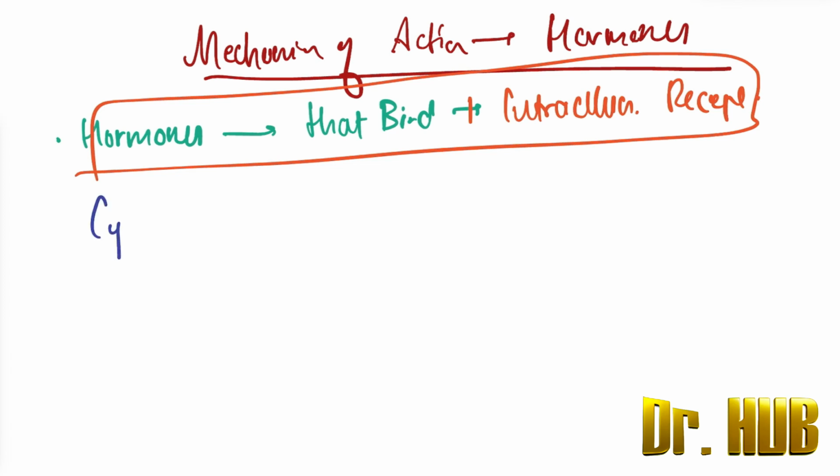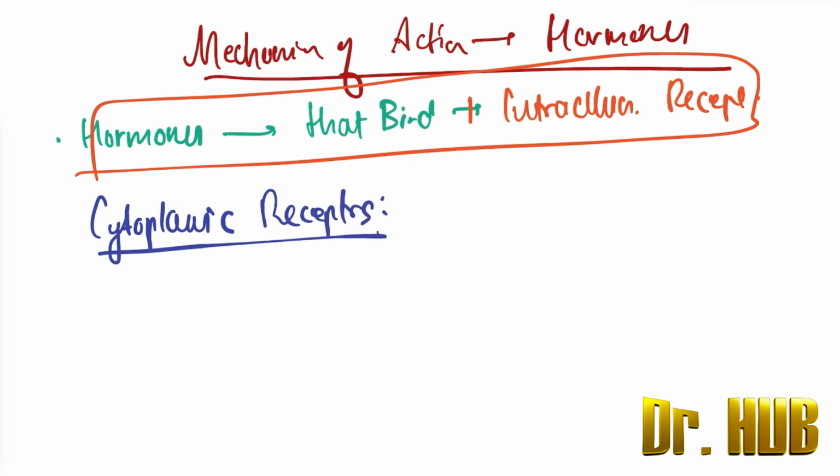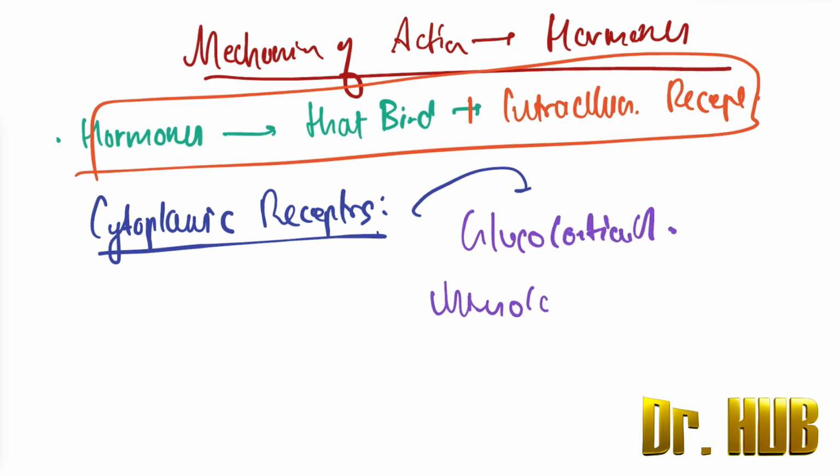Here there are the cytoplasmic receptors. Under the cytoplasmic receptors, what is present? It includes the glucocorticoids, as well as the mineralocorticoids. Then there is also the presence of the androgens.